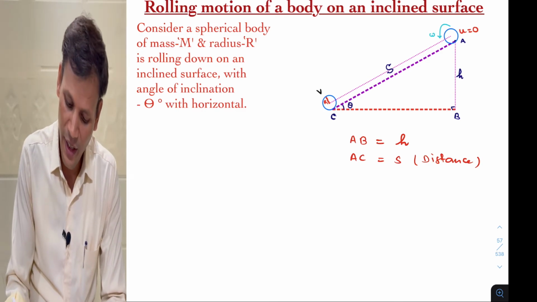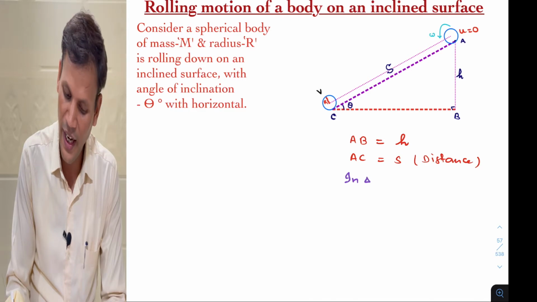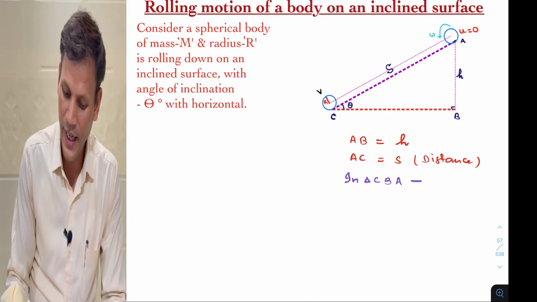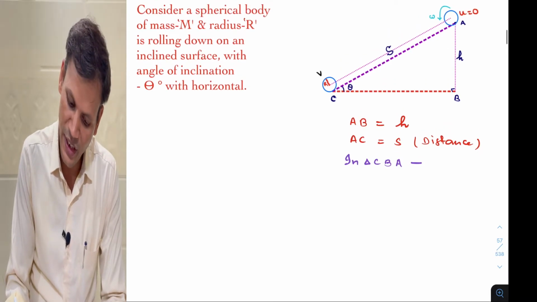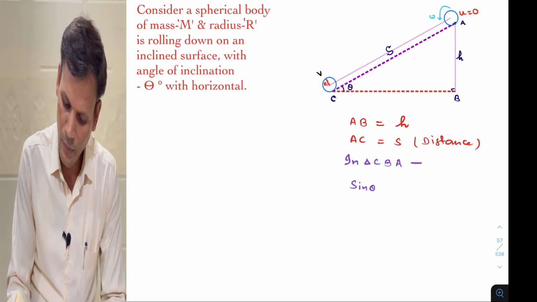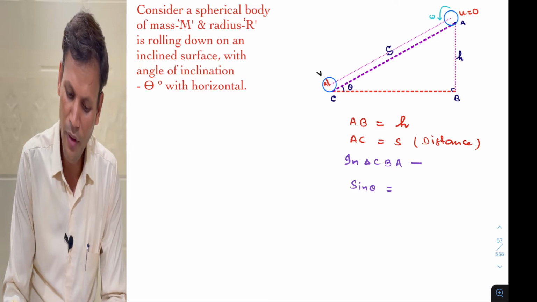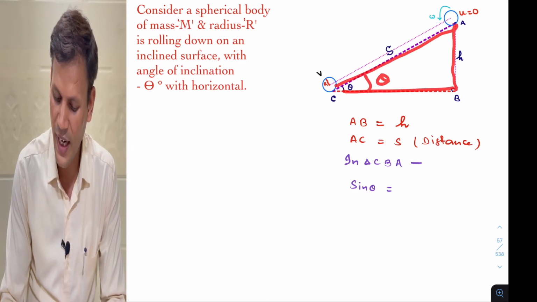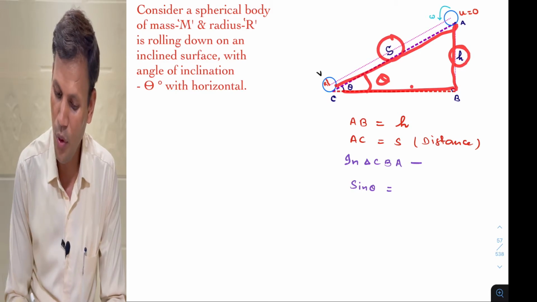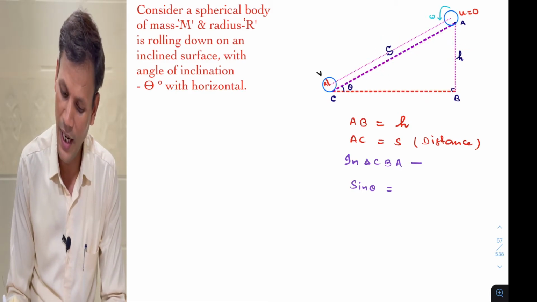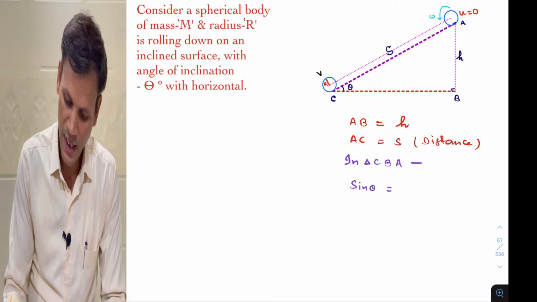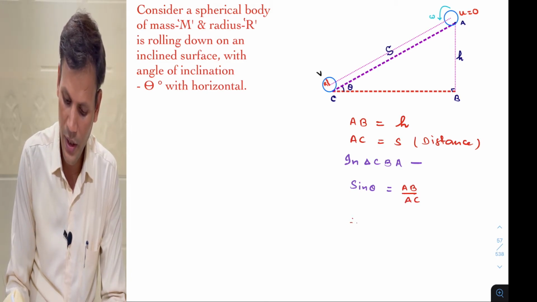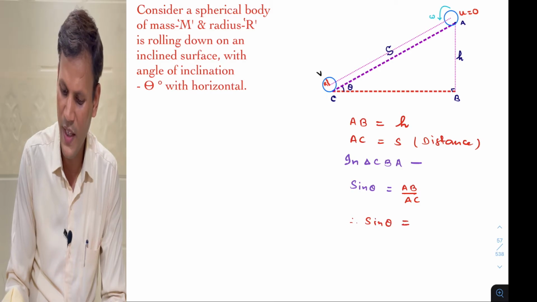So in triangle CBA, in this case I am taking sin theta. What will be sin theta for this triangle? For this triangle, sin theta is opposite upon hypotenuse. So we can write AB by AC. What is AB?